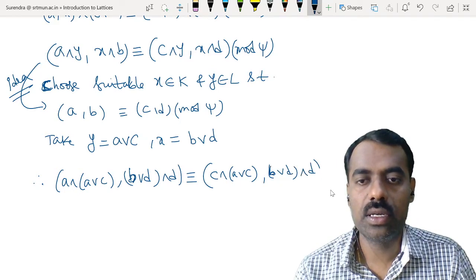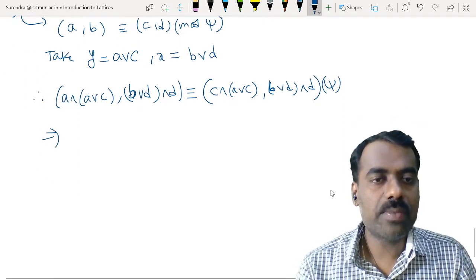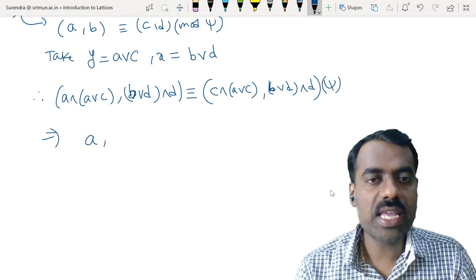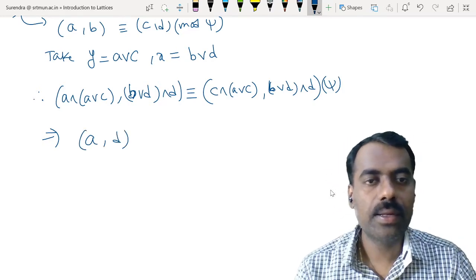Is this clear? That is what we require, because a meet (a join c) is a only, and b join d meet d is d, right? Are you following?